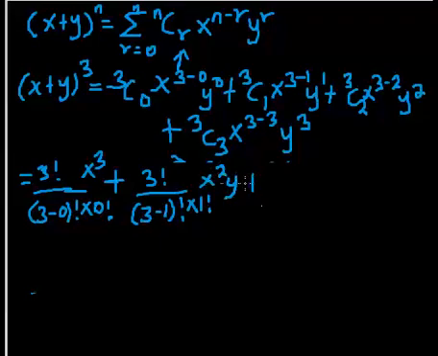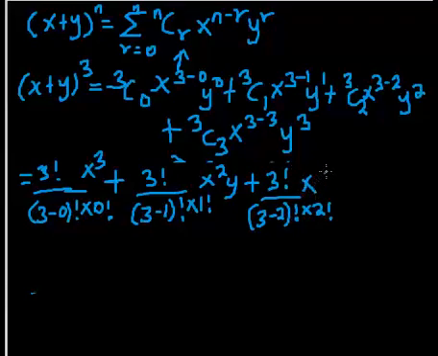Plus the next is 3 combination 2, 3 factorial divided by 3 minus 2 factorial, then times 2 factorial. At this point we'll have x raised to the power of 1, then y raised to the power of 2.